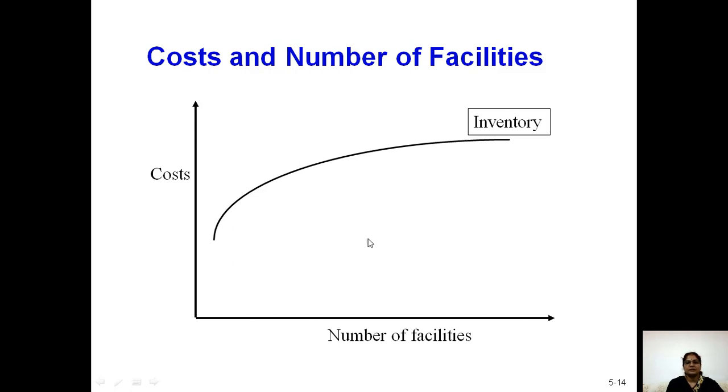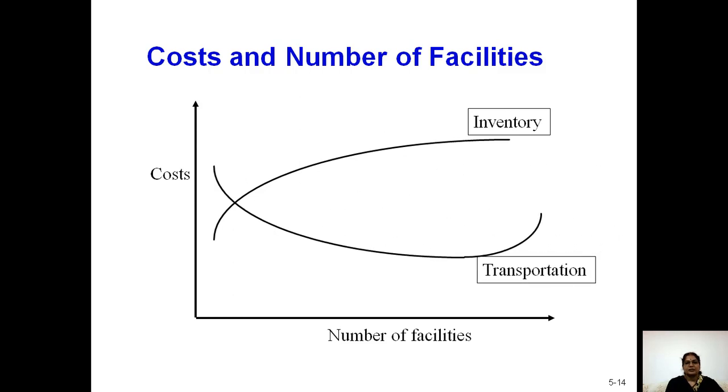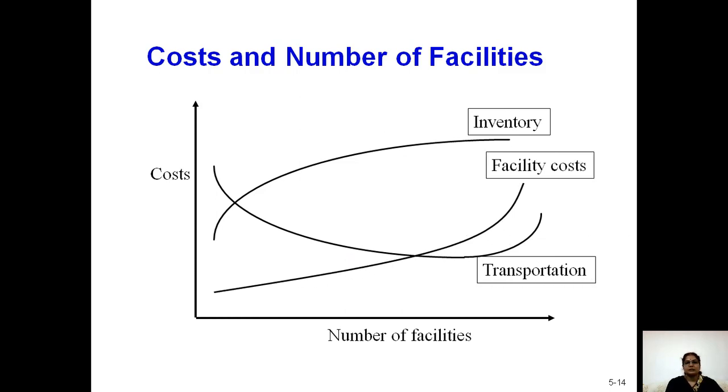So they are directly proportional. Whereas there is a negative correlation between number of facilities and transportation cost. As the number of facilities increases, the transportation cost decreases. Coming to facility costs, obviously, as the number of facilities increases, facility cost should also increase.